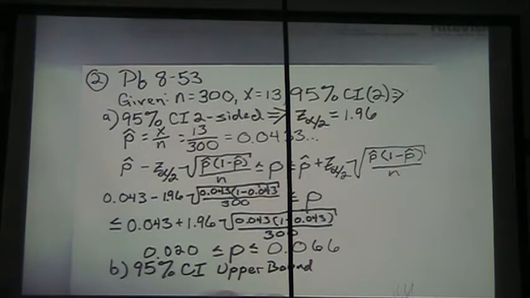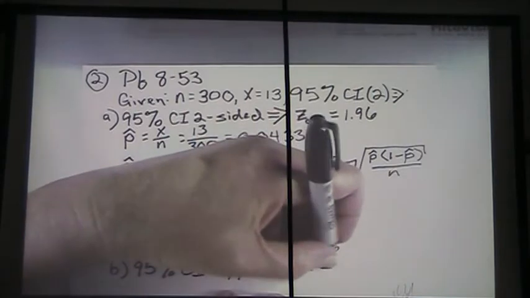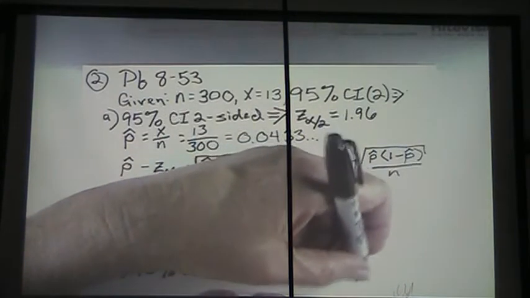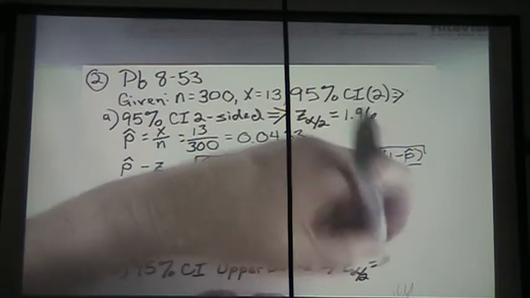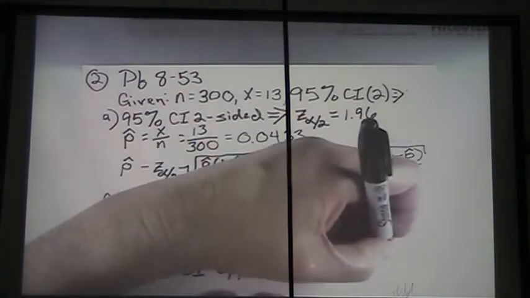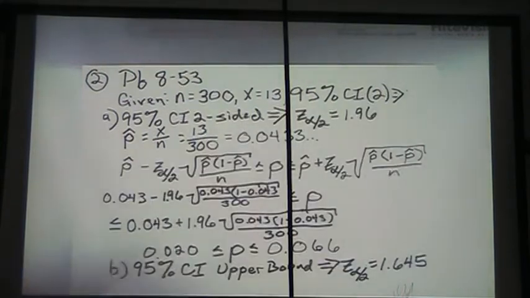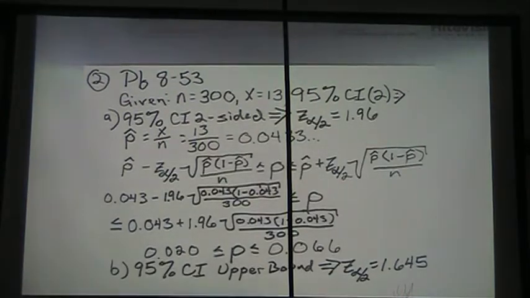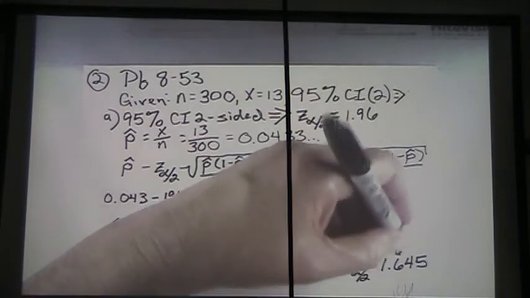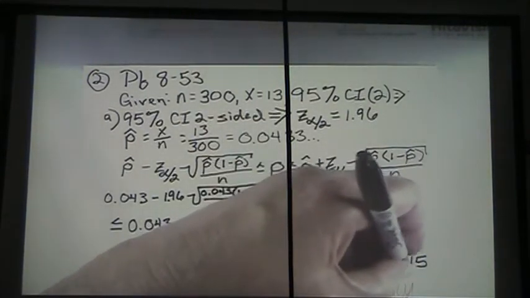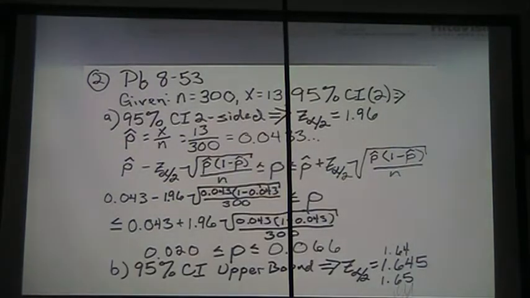In that case, that implies that our z alpha is equal to 1.645. Again, you could use 1.64, you could use 1.65, and I'm not going to get terribly upset if you do.